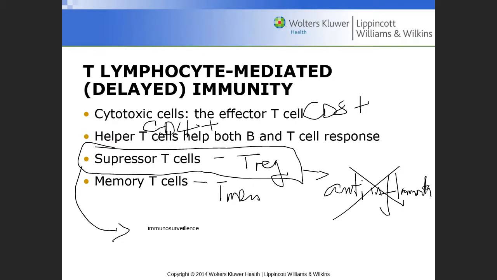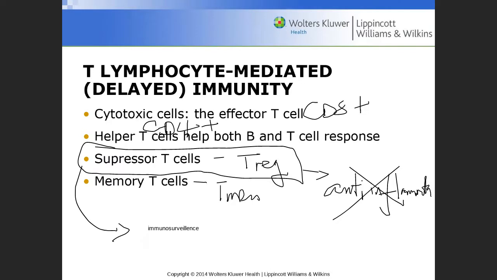The word surveillance means there are cells that go around and make sure that everyone is doing its job and its normal function. And the Treg, or suppressor T cell, may be involved in preventing the cytotoxic T cell from killing every cell in your body.